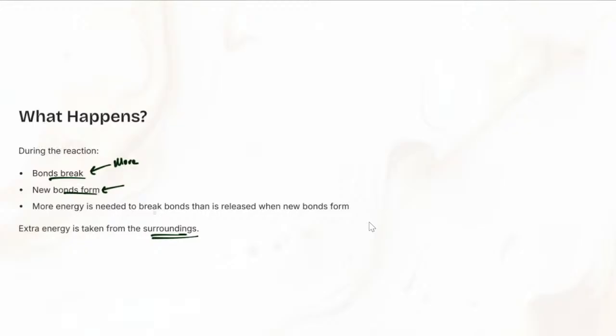More energy is needed to break bonds than is released when new bonds form. We know that both things happen, but when we say overall that this reaction takes thermal energy from the surroundings to the system, then we know that more energy is used in breaking bonds than is released when forming bonds.